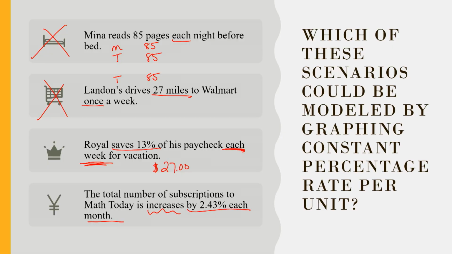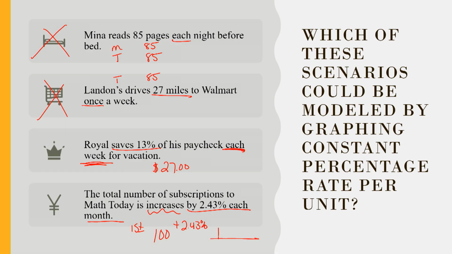Here we go. The total number of subscriptions to Math Today is increasing by 2.43% each month. So let's say that the first month I have 100 subscriptions. So then I'm adding 2.43%, and then I have a new amount.